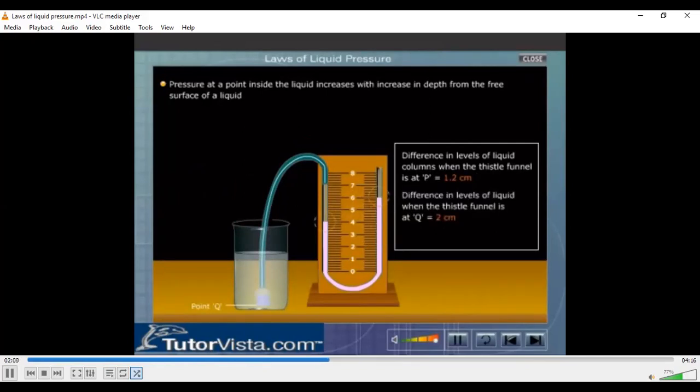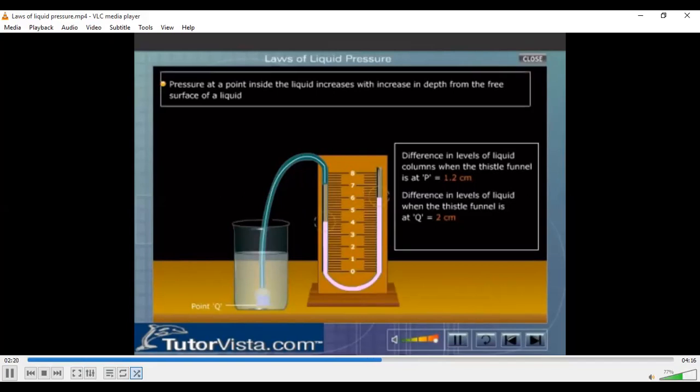This difference is equivalent to the pressure exerted by water at the point Q. What do you observe? The difference in levels of liquid columns in the U-tube is more in the second case. That is, the pressure at point Q is more than that at point P. Thus, we can conclude that the pressure at a point inside the liquid increases with increase in depth from the free surface of the liquid.